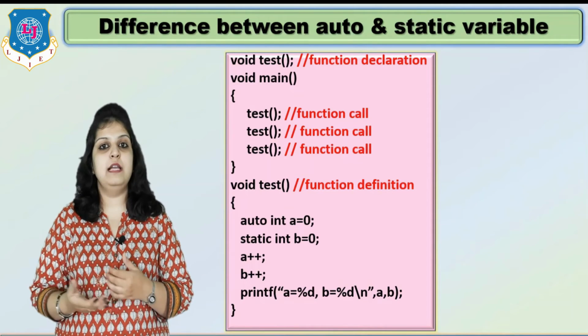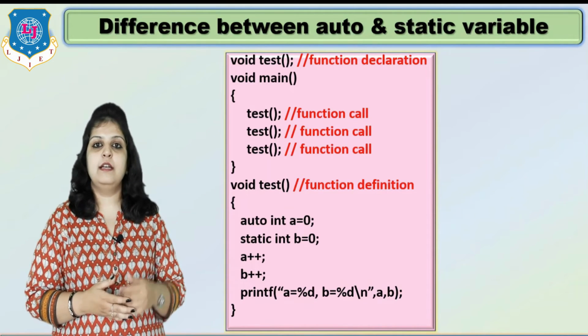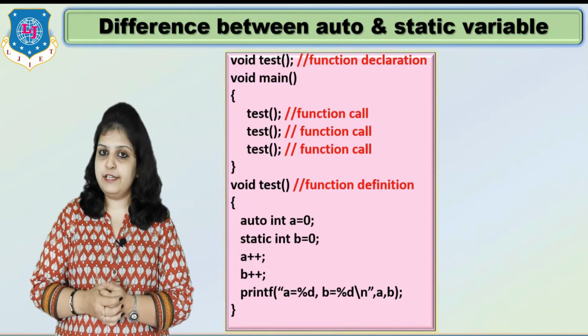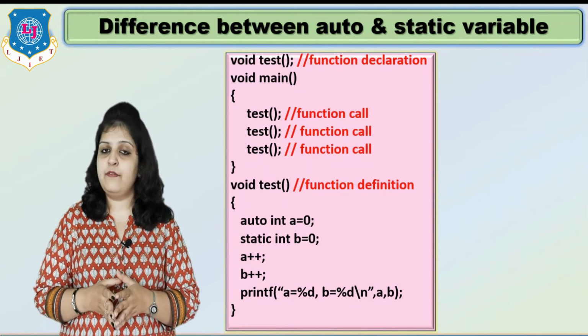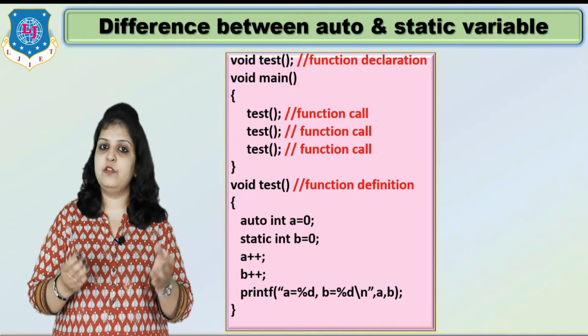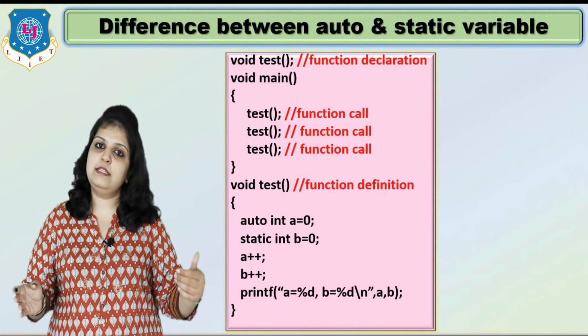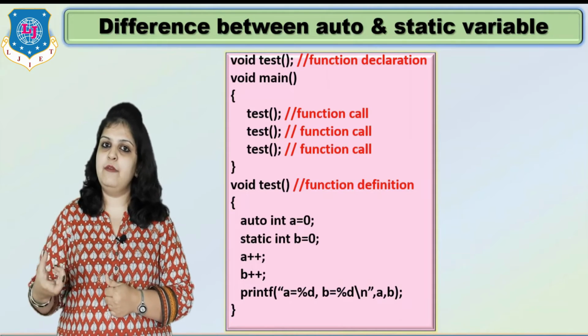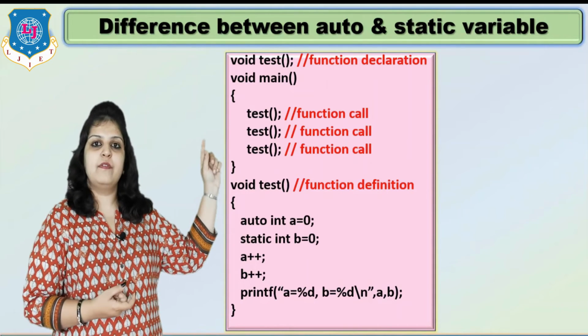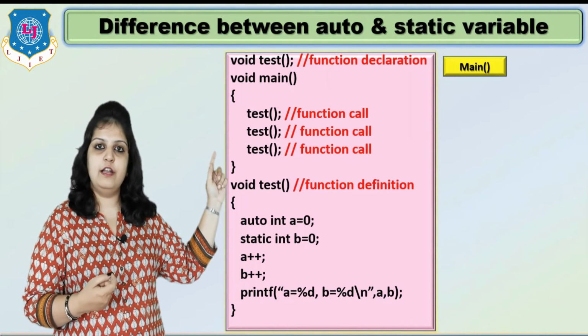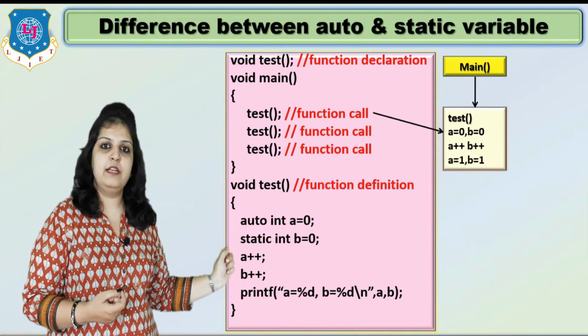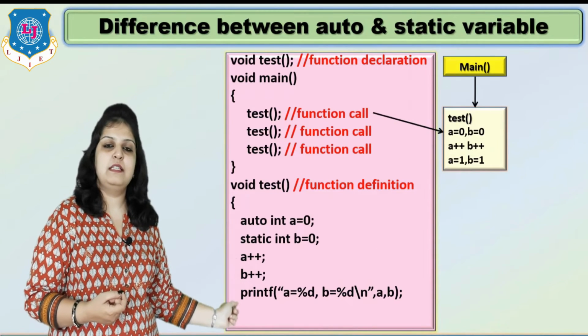So how will we get the output? In the previous slide we have already seen that in an automatic variable the updated value will be destroyed every time, whereas in a static variable the updated value will be stored. So when your function is called the first time, it will go to the function definition and do a plus plus and b plus plus.